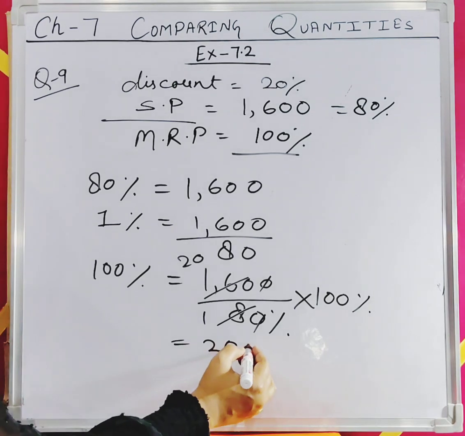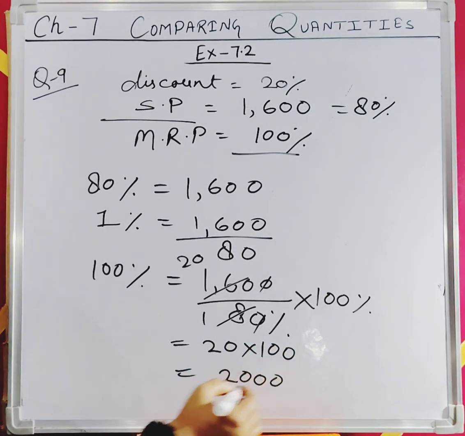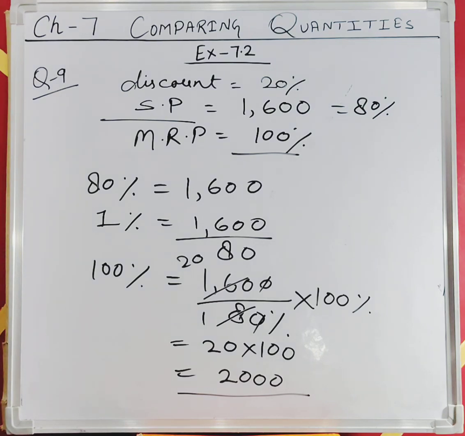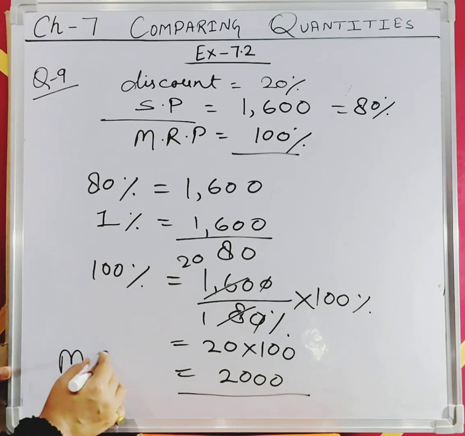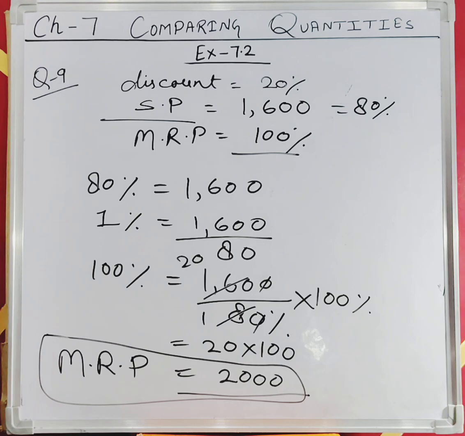So 20 multiplied by 100 is 2000. Getting? So the MRP of those skates is 2000. Okay. Our answer is 2000. Getting my point? So the MRP is 2000. Okay.